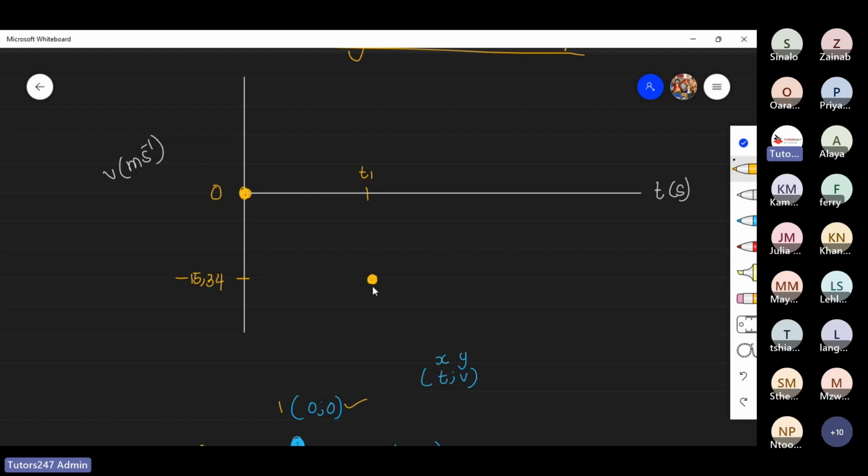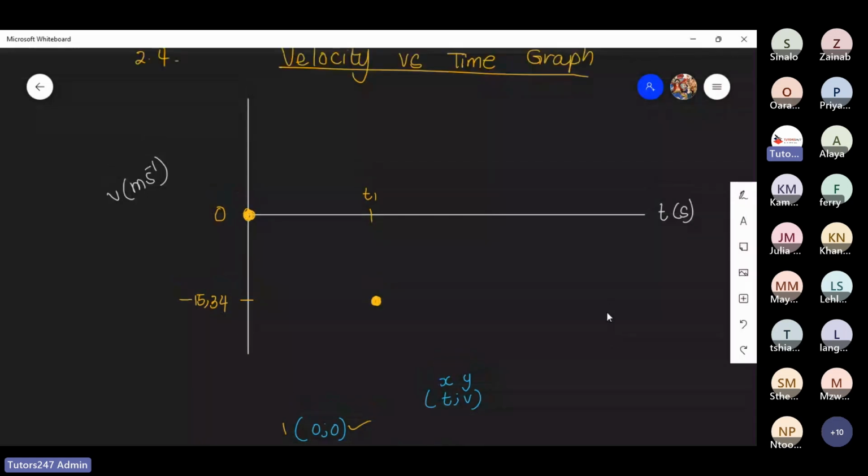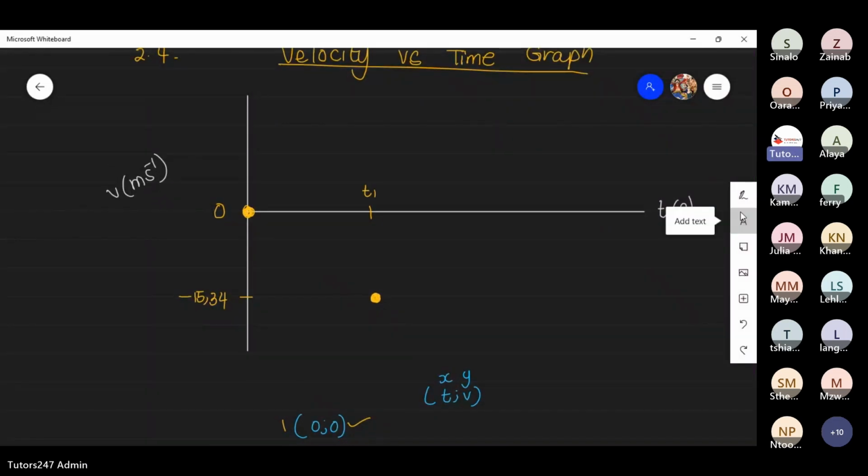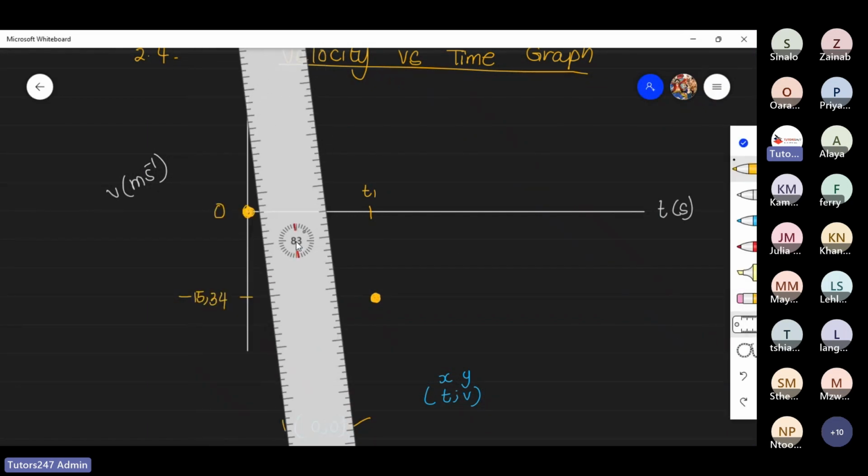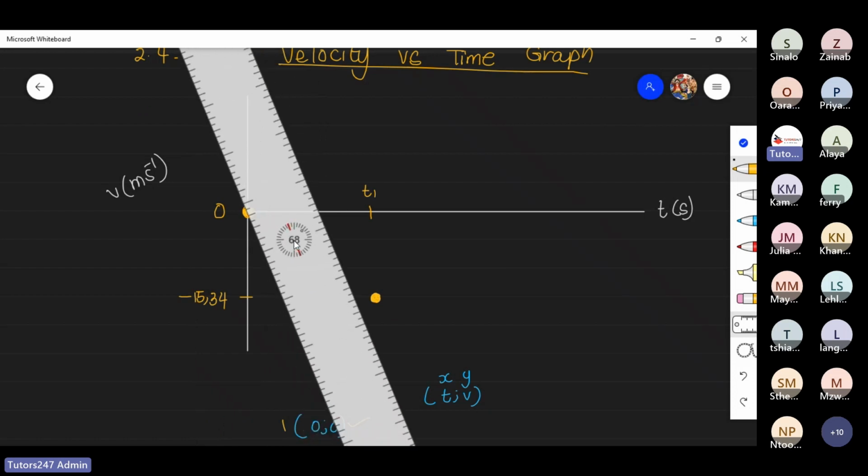Now, always remember when the object bounces or when the object changes direction, a new graph is going to form. So in this case, because we have an object bouncing, we're going to have two straight lines. Going to now plot this graph. So all we're going to do is connect the two points.